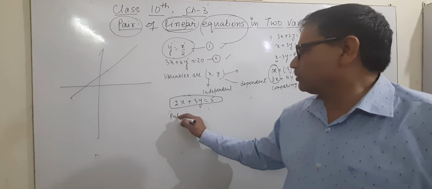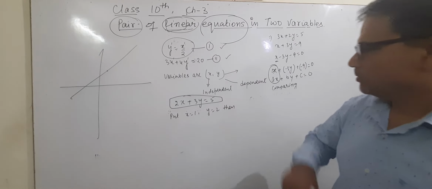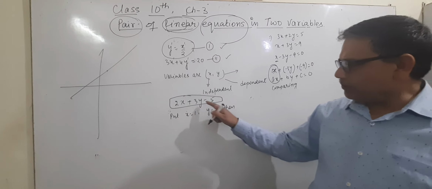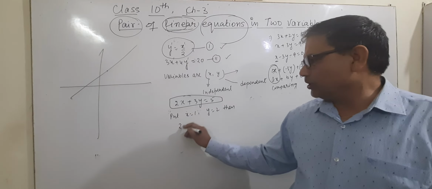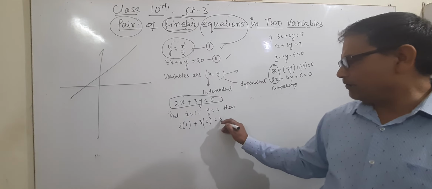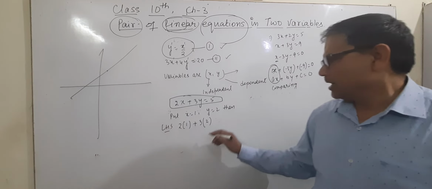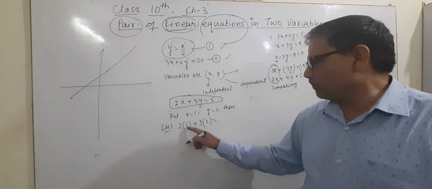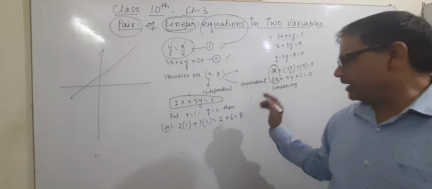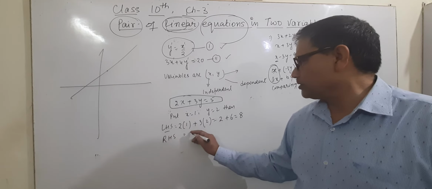Like put x is equal to 1, y is equal to 2. What do I do now? 1 in place of x, 2 in place of y, then 2 into 1 plus 3 into 2 is equal to 5. This is your LHS. Now it is 2 plus 6, which is 8, and RHS is equal to 5.